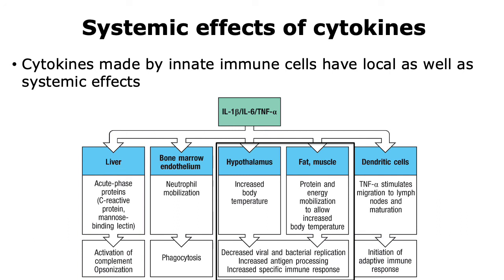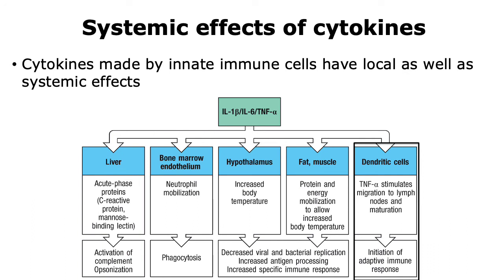The fever that is a result of this elevation of body temperature helps in the clearance of pathogens by decreasing viral and bacterial replication, but also increasing some of the host's immune responses.